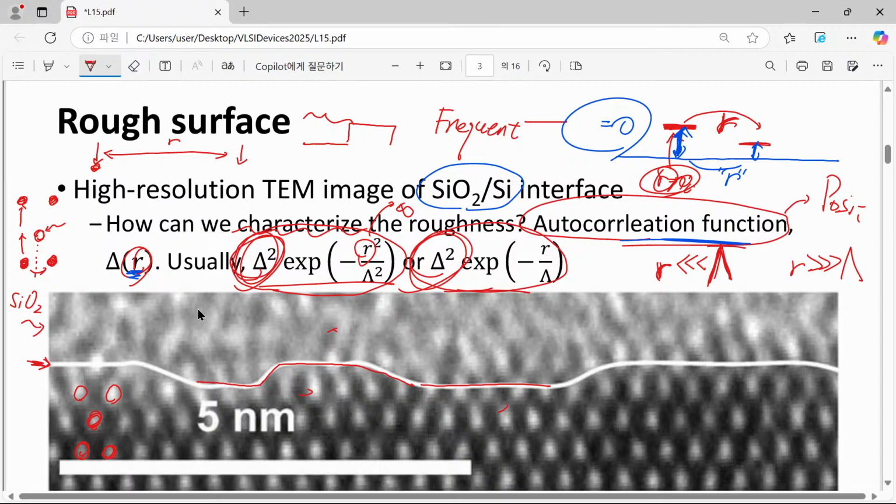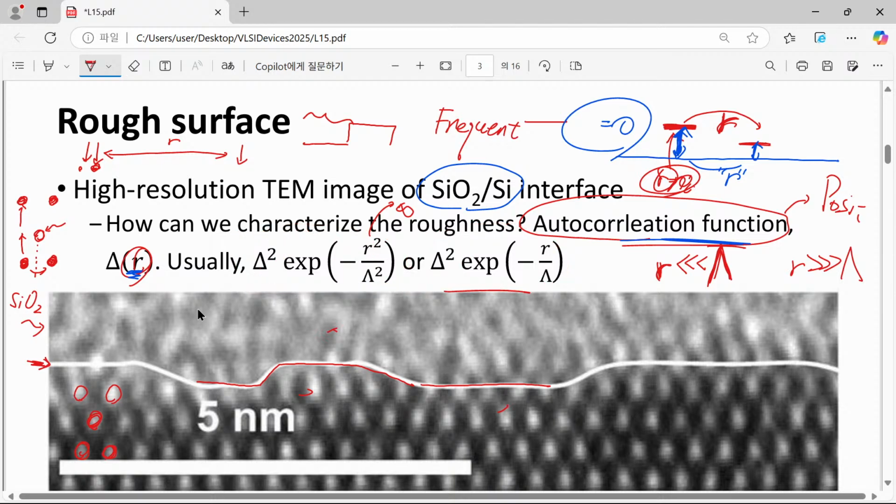Simply speaking, if we consider two neighbors, maybe they have the same roughness. And if we consider two points far away from each other, they are completely uncorrelated, so the autocorrelation function vanishes.